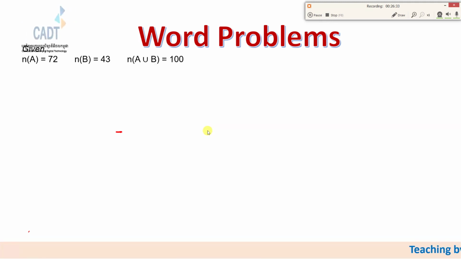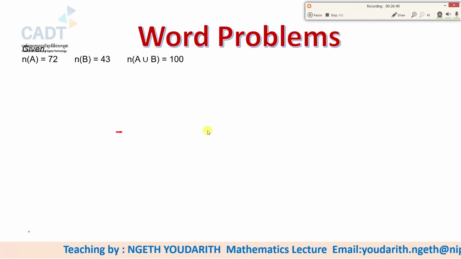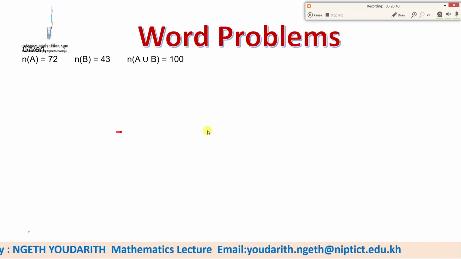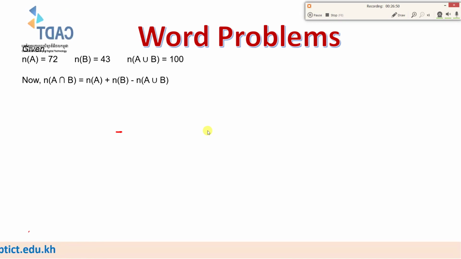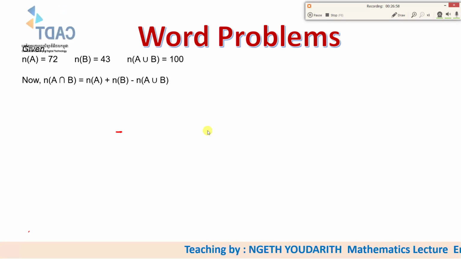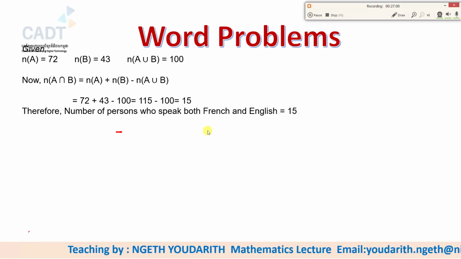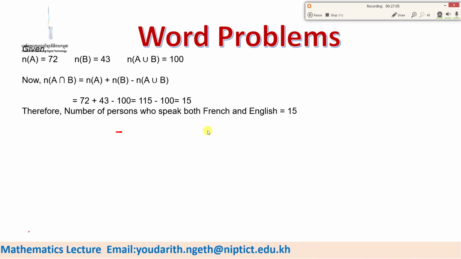Now N(A) is 72, N(B) is 43, and N(A union B) is equal to 100. So N(A intersection B) is equal to N(A) plus N(B) minus N(A union B). So we got 15. The number of persons who speak both French and English is 15.